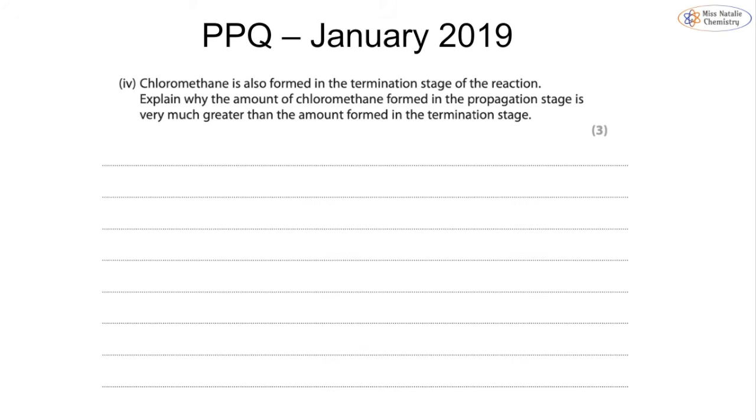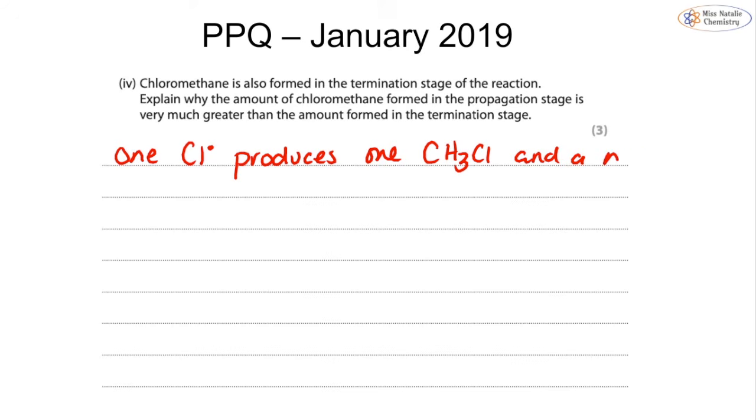So for the first point, we want to say that in the propagation step, we're going to get 1 chlorine free radical produces 1 molecule of the chloromethane and a new radical. So this happens in the propagation step. So we're making the chloromethane plus we're making a radical.